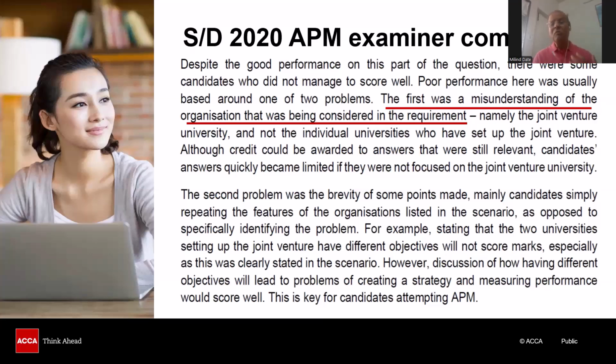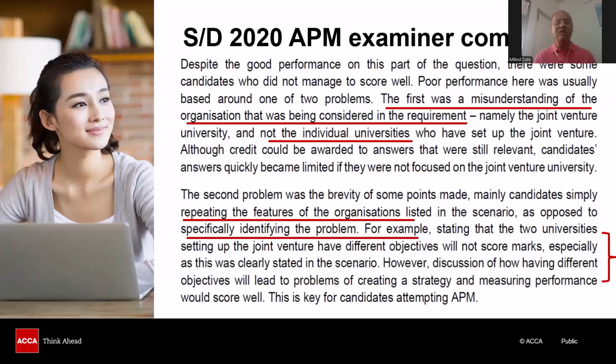What could be the problems? Problems could be on creating a common strategy that can work. Problems could be setting up KPIs, which help measure the performance of the venture. And that's something that will score you marks. And this is a real key, as the examiner has said, about attempting APM questions. So repeating the features of the organizations is not, again, going to score marks for you.